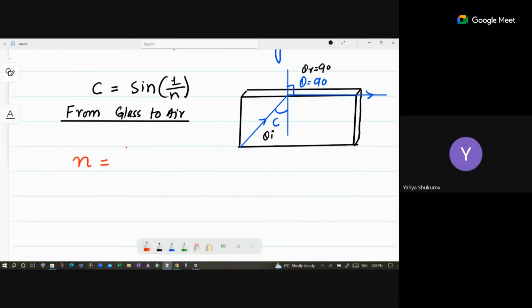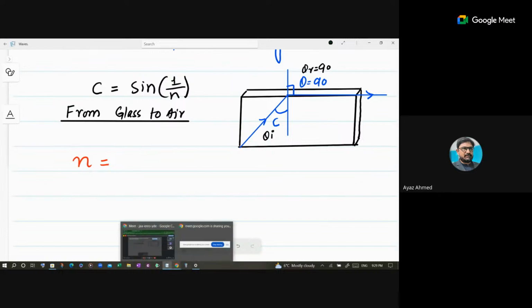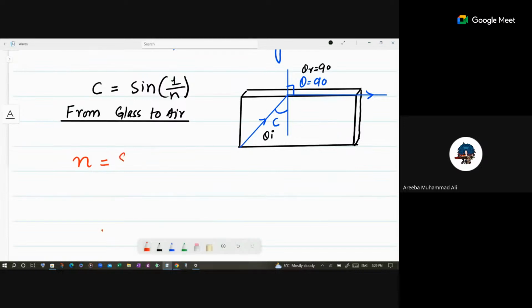Sine I divided by sine R. And Ariba, what about you? I think it's also the same, sin I divided by sin R. No, no. Both of you are incorrect.